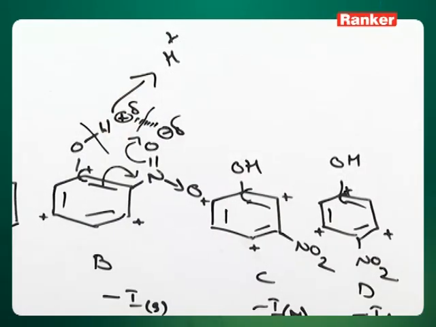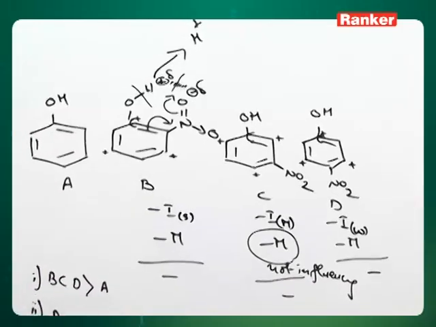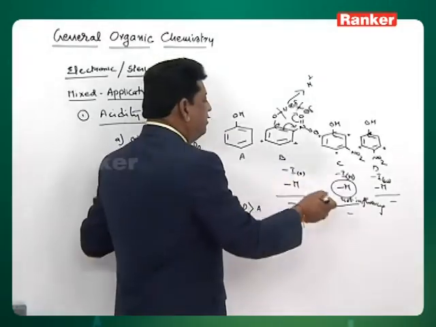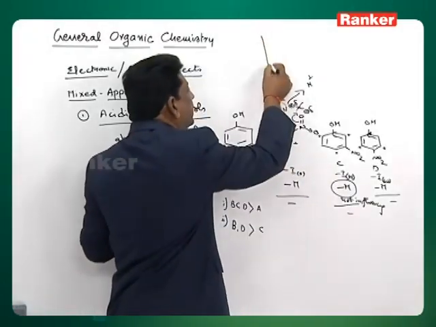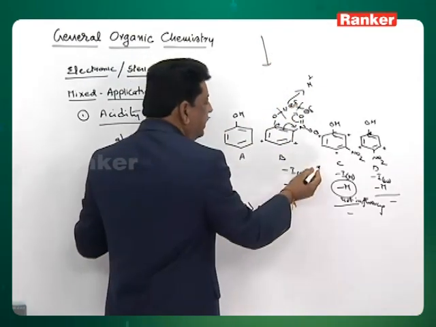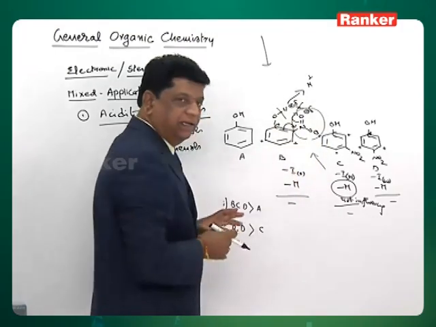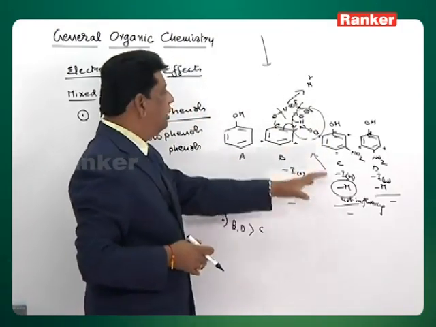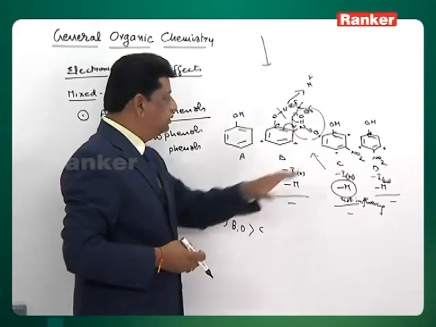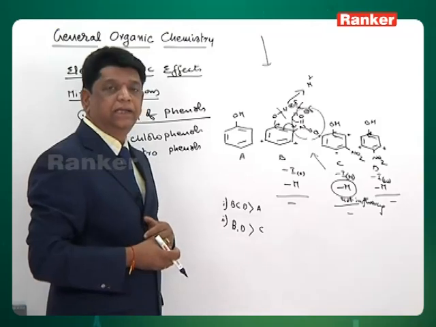So, by virtue of the ortho position, nitro is making hydrogen bonding as well as one more thing. If a base wants to come from here, let us say, and take the proton, it is easy. But a base coming from this side, a nitro group will be in the way, isn't it? So, the base cannot approach the proton. Certain directions it is blocking, that is called steric hindrance.